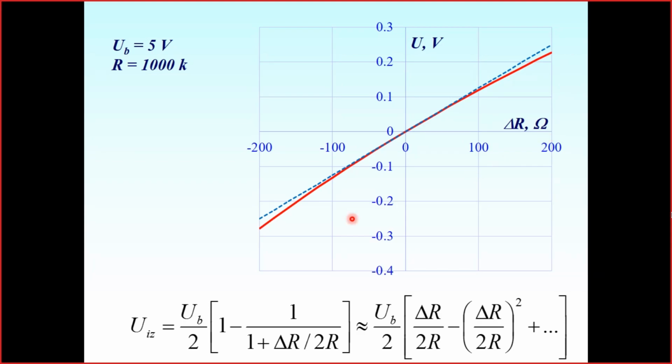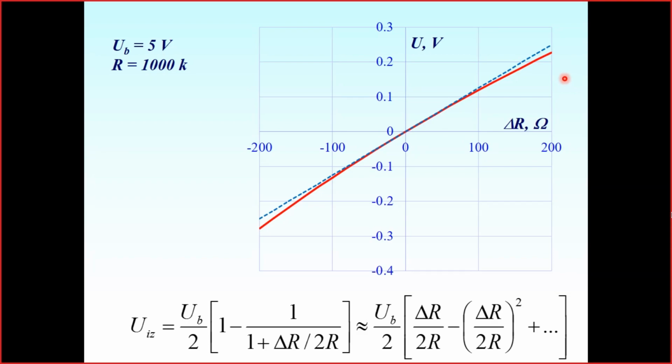If we consider only the linear part, the linear equation is shown here as a dashed line, and the actual square-type relationship between output voltage and resistance is the red line. As we see, the difference is not so big.